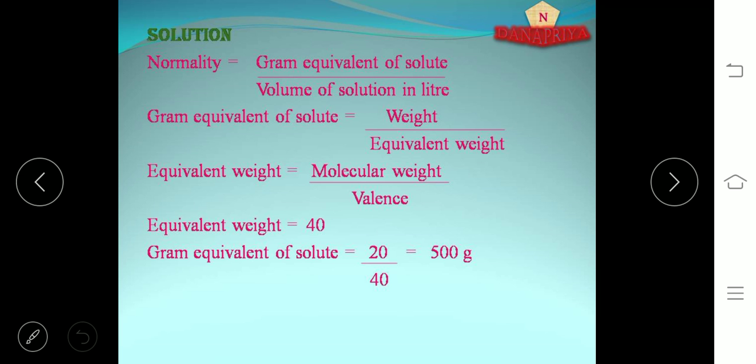The formula is weight by equivalent weight. The weight value is 20 divided by equivalent weight 40. Substitute this value, you will get 0.5 kg. The unit for gram equivalent should be in gram. So convert kg to gram, that is 500 gram.